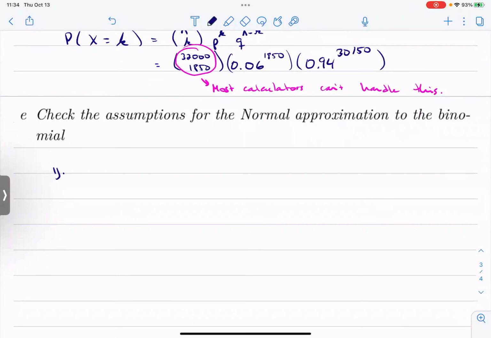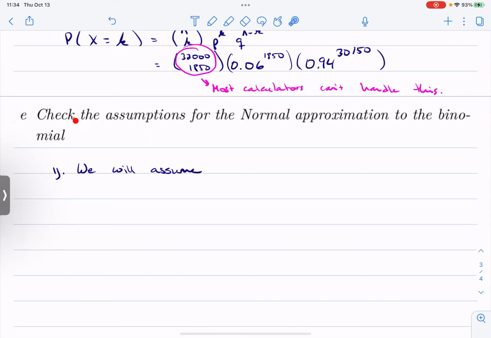So here, the first assumption is the one that I was talking about. We're going to assume that donors are independent of each other, right? Often instead of saying check the assumptions, I'll say state the assumptions.